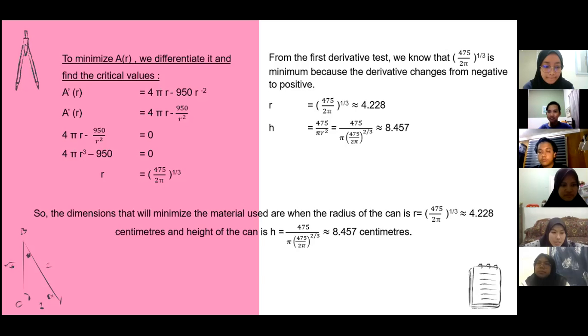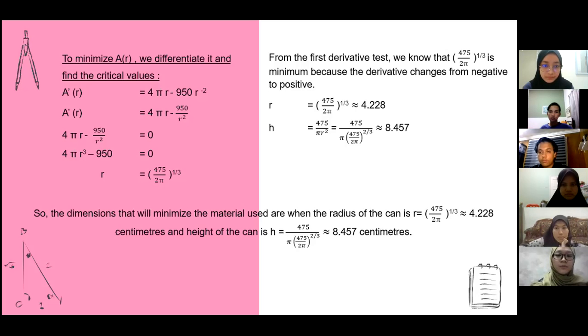When the critical value has been tested using the first derivative test, we assume that this value is a minimum because the derivative changes from negative to positive. Next, we just need to answer the question.